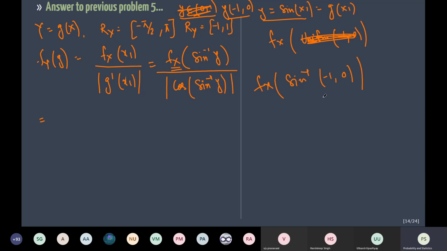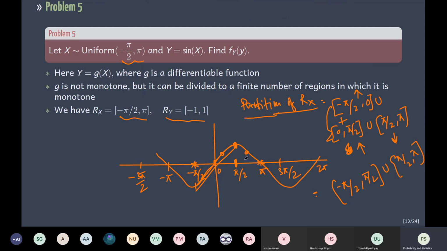Sine inverse from -1 to 0, let us see the picture here. -1 and 0, I have split in this form. So -1 and 0 will boil down to x being in -π/2 to 0, right?